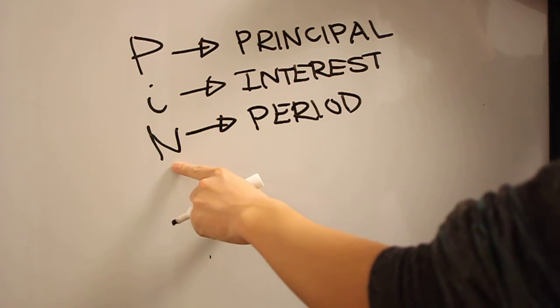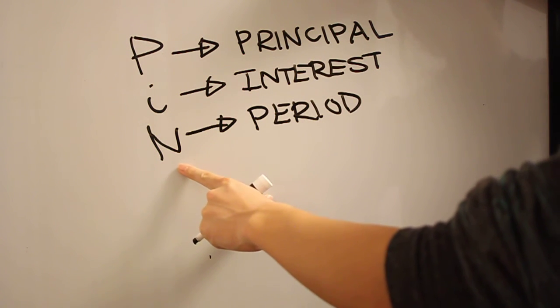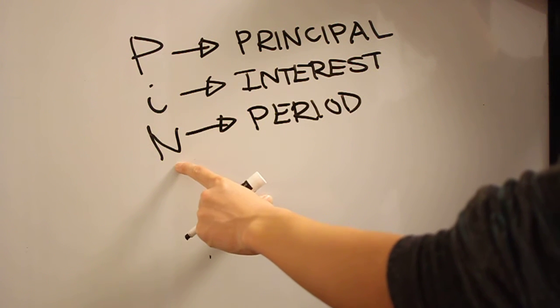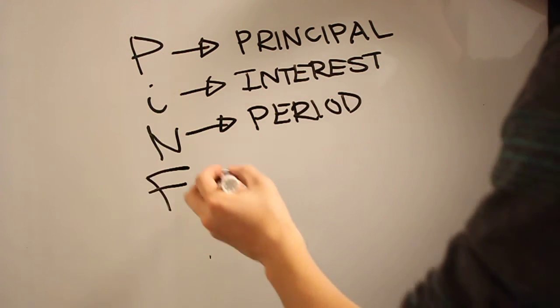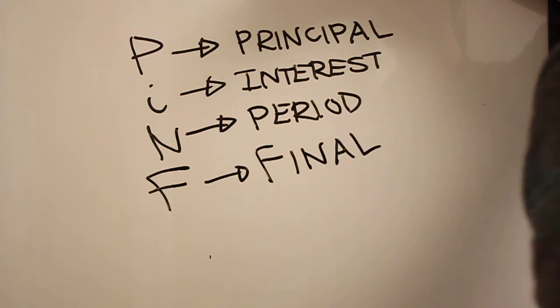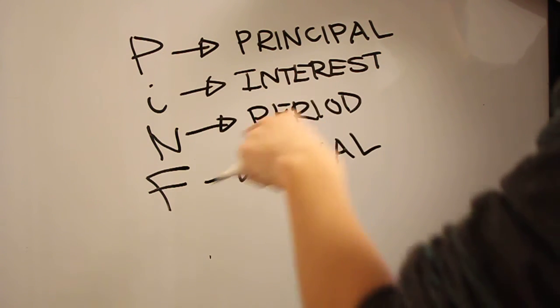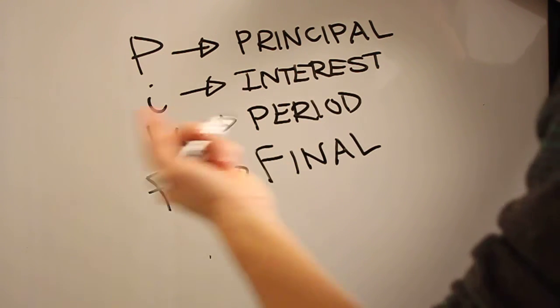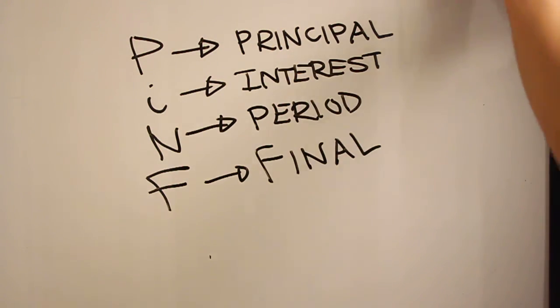Well, N would be 1 if you compound annually, 4 if you compound quarterly, and 12 if you compound monthly. And then you'll probably have F, which is just what you want to know. So in our case, and in most cases, you want to put in P with a given interest, and you want to know after a certain period how much money you have, how much money you can take out of the bank.